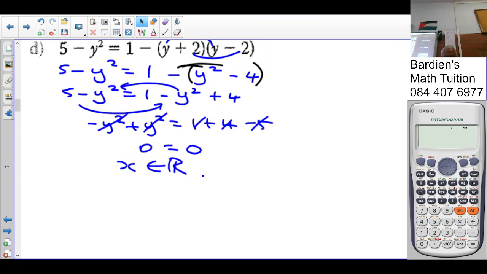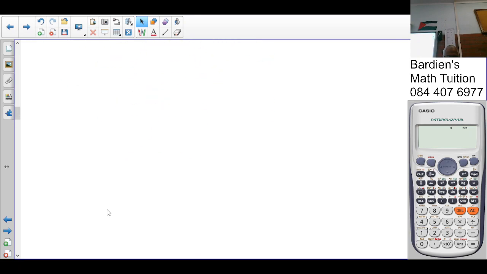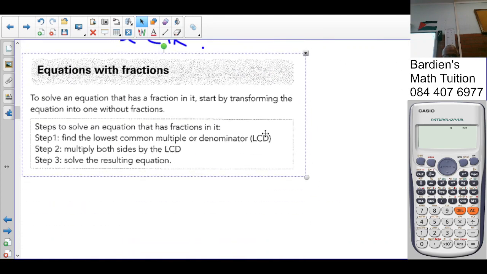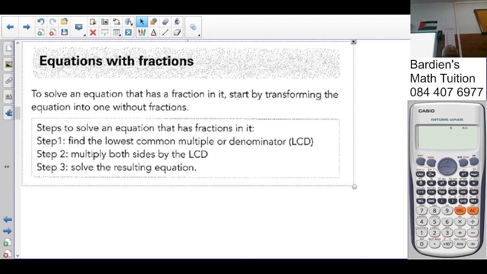And here's the notes I want you guys to write down. Equations with fractions, page 74.